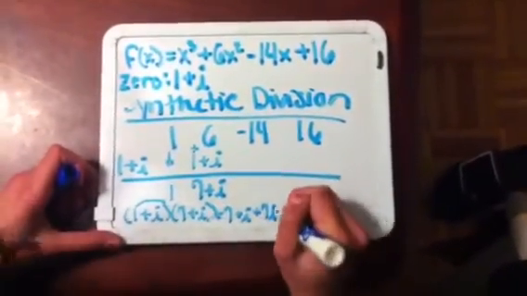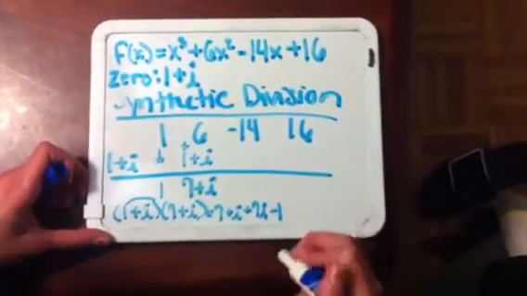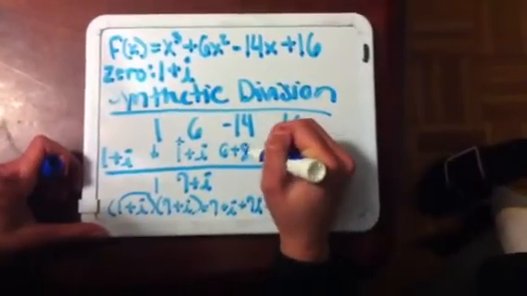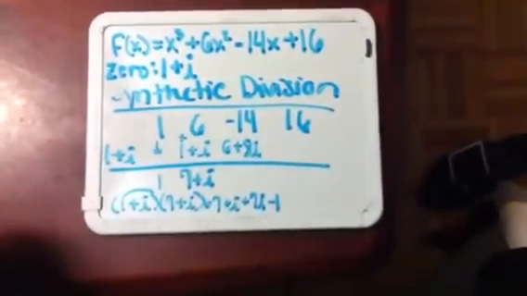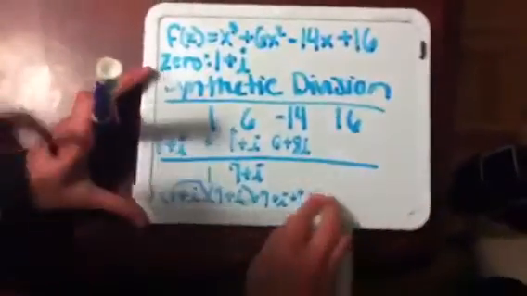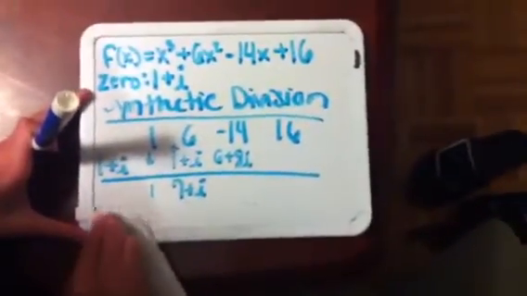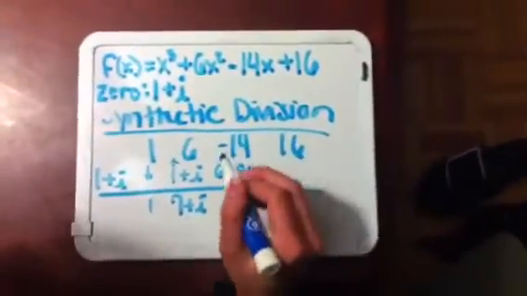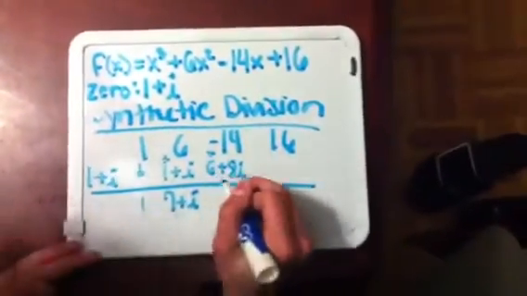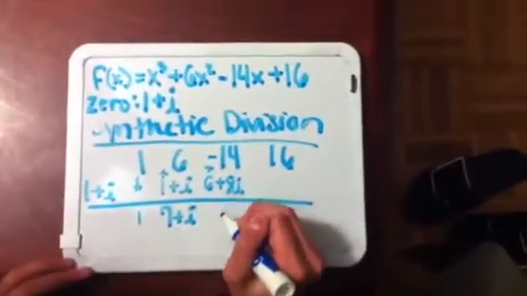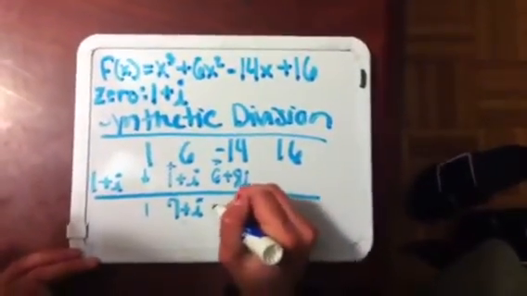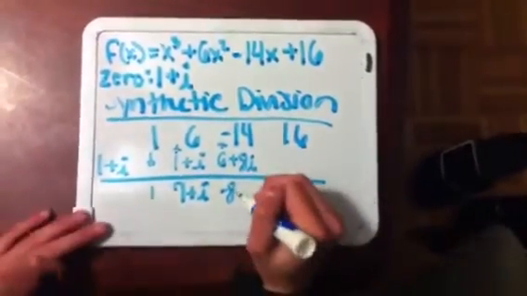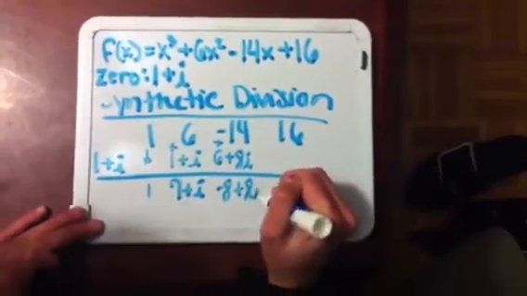Then i times i is the same as negative 1. So over here we should have 6 plus 8i. Negative 14 plus 6 plus 8i is simply negative 8 plus 8i.